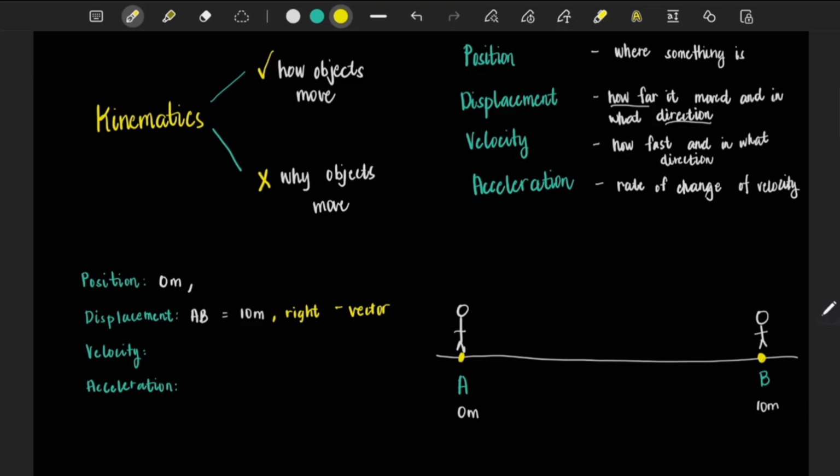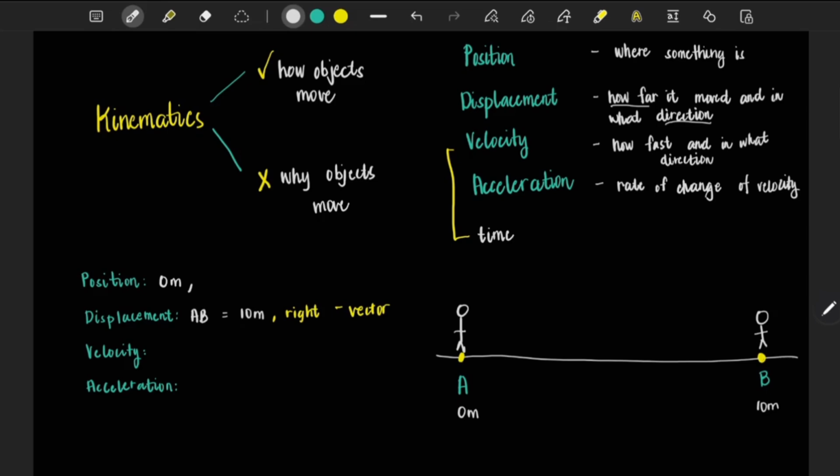Now velocity tells us how fast the motion is and in what direction. To quantify how fast something is moving, we need another quantity, that is time.